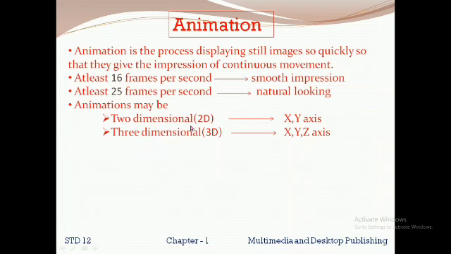Animations may be two-dimensional or three-dimensional. Two-dimensional brings an image alive on the x and y axes, and three-dimensional brings an image alive on the x, y and z axes.